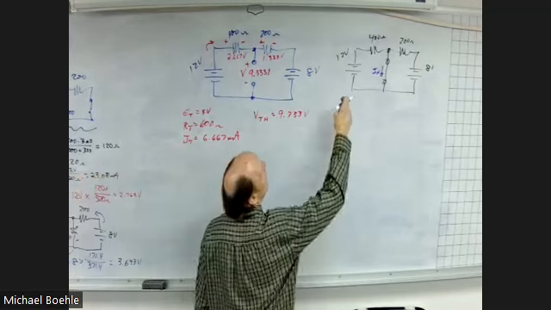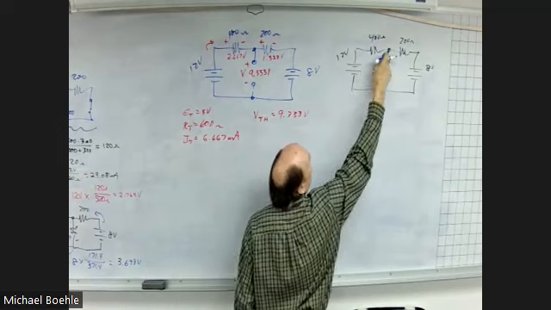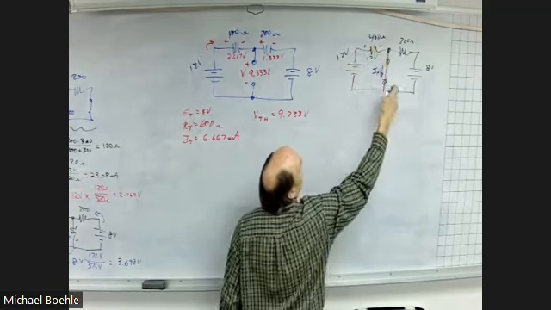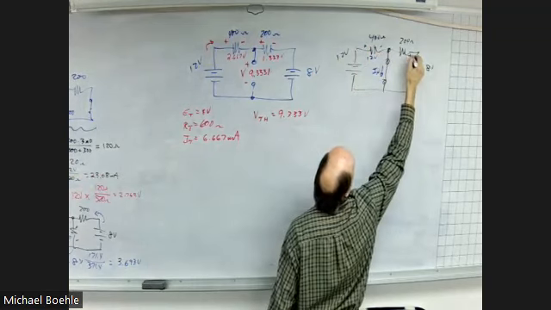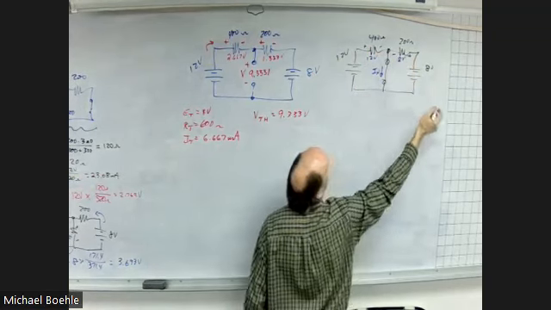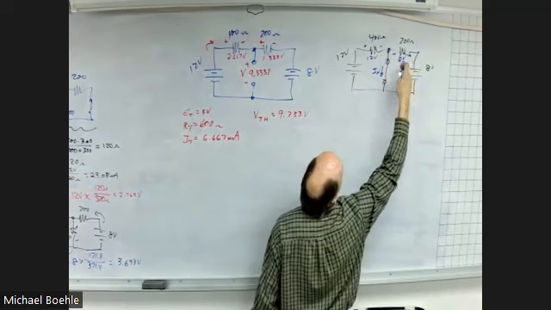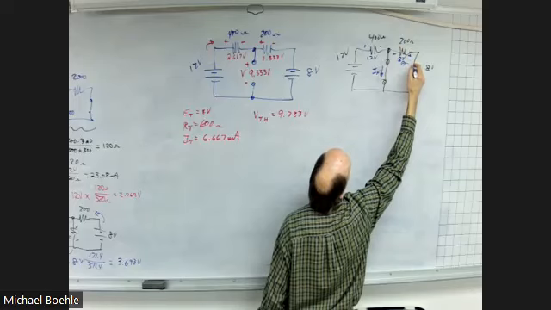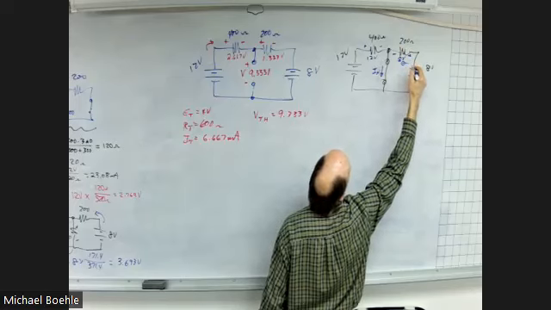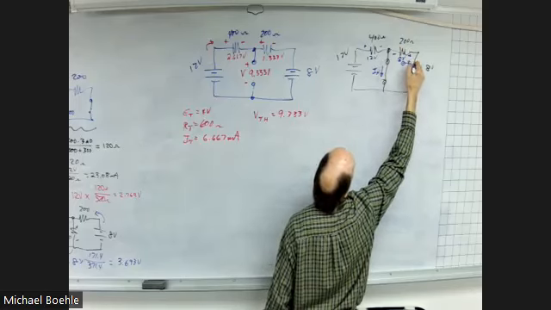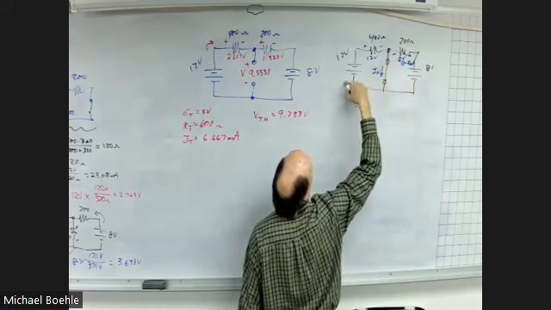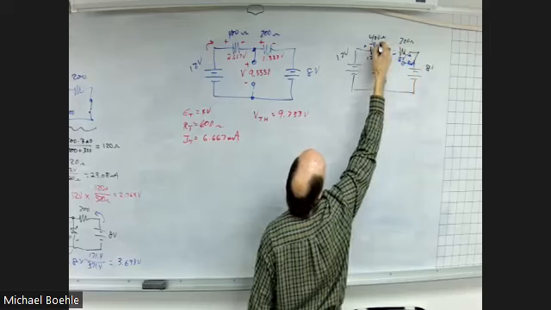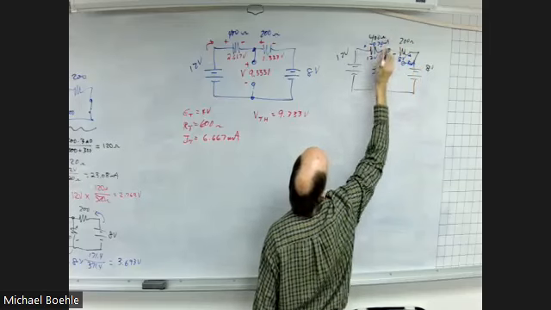Well, in this case, because of that short, I have 12 volts across here. And because of that short, I have 8 volts across there. So that's going to be what? 8 divided by 200 will be 40 milliamps. All right. 12 volts divided by 400 ohms would be 30 milliamps.